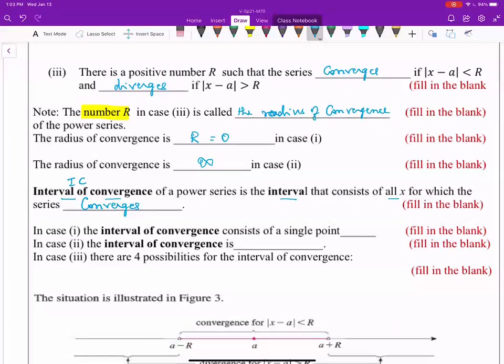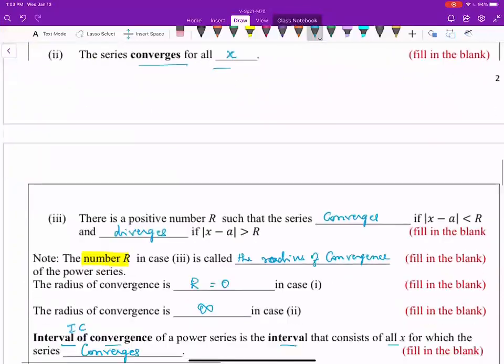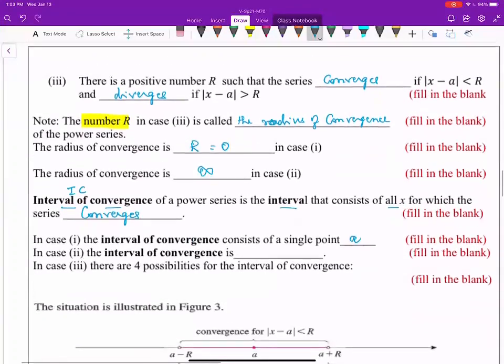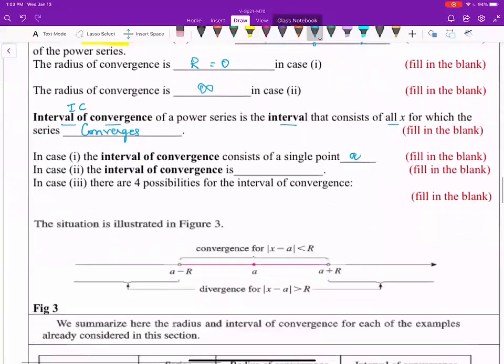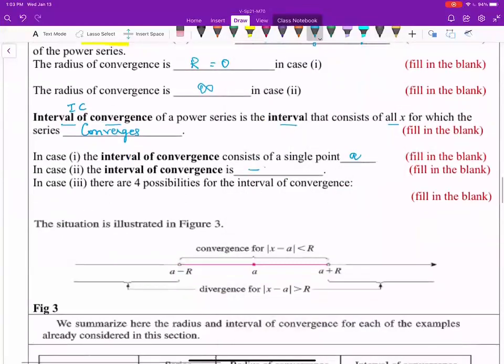In case 1, when it converges only when x equal to a, the interval of convergence consists of a single point a. Case 2 corresponds to it converging for all x, so the interval of convergence is negative infinity to positive infinity. It has to be an interval.